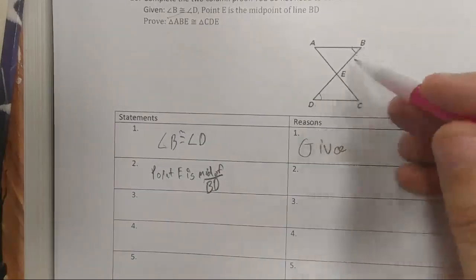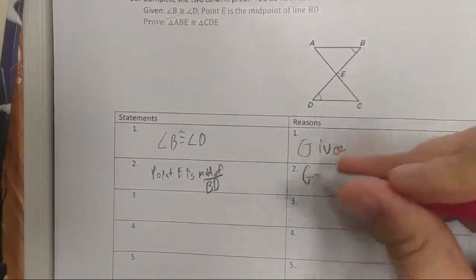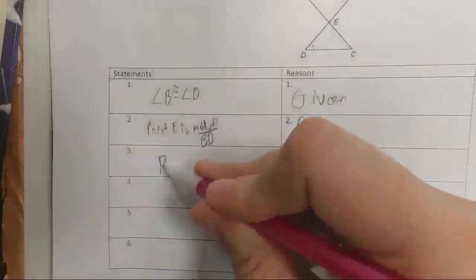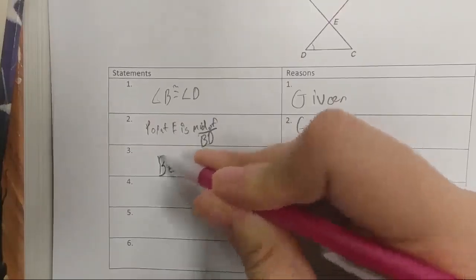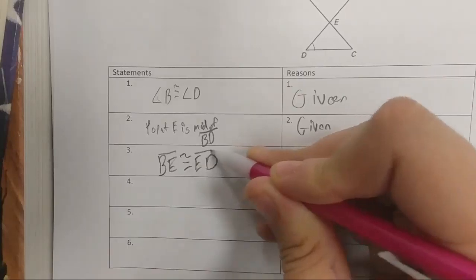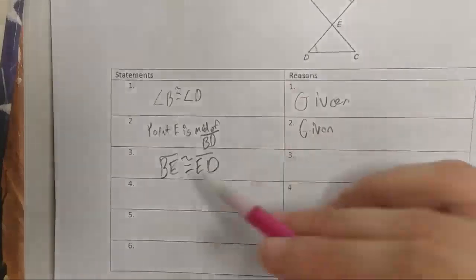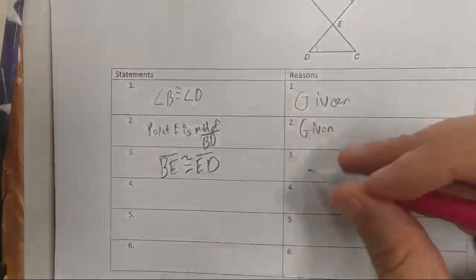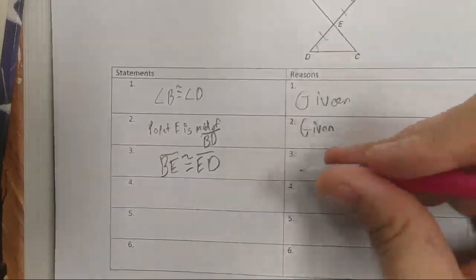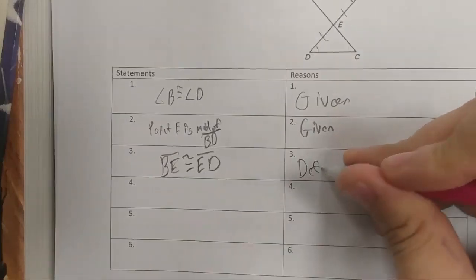So line BD is this line, and this is the middle, that's given. Because that's given, we know that BE is congruent to ED. And we know these two are congruent to each other because of the definition of midpoint.